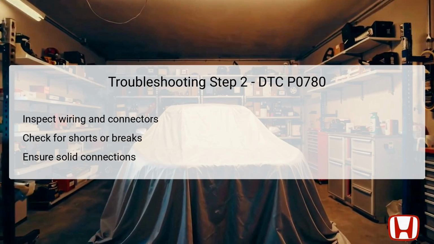The second step of troubleshooting for DTC P0780 involves a detailed inspection of the wiring and connectors associated with the CVT system. It is essential to verify that there are no shorts, breaks, or damaged wiring that could interfere with normal operation. Worn or frayed wires can lead to intermittent connection issues, which may be responsible for triggering error codes.